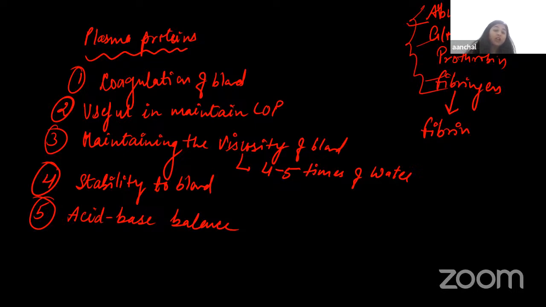So that's how they are important for maintaining acid-base balance inside the body, because plasma proteins act as a buffer, and their buffering capacity is about 1/6 of the total buffering capacity of the blood. And since they are amphoteric in nature, they behave as acid or base depending upon the condition, right? Next, we have immune function.